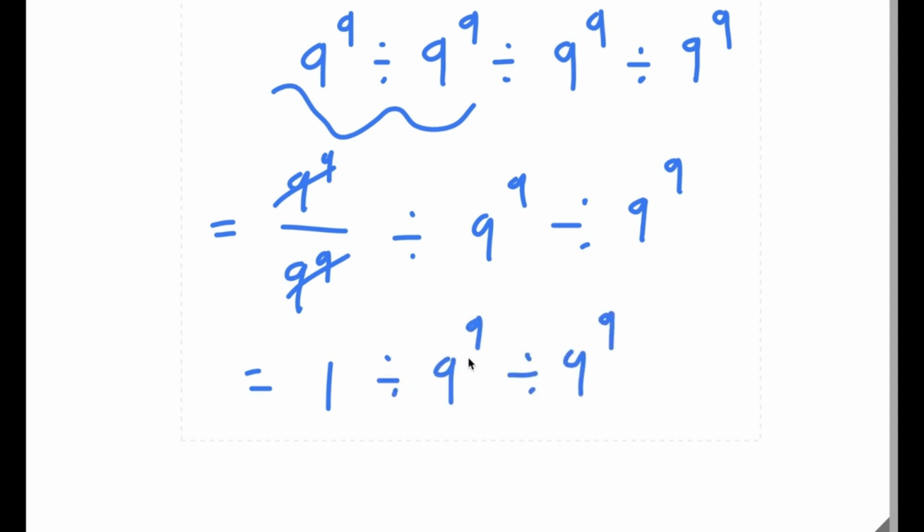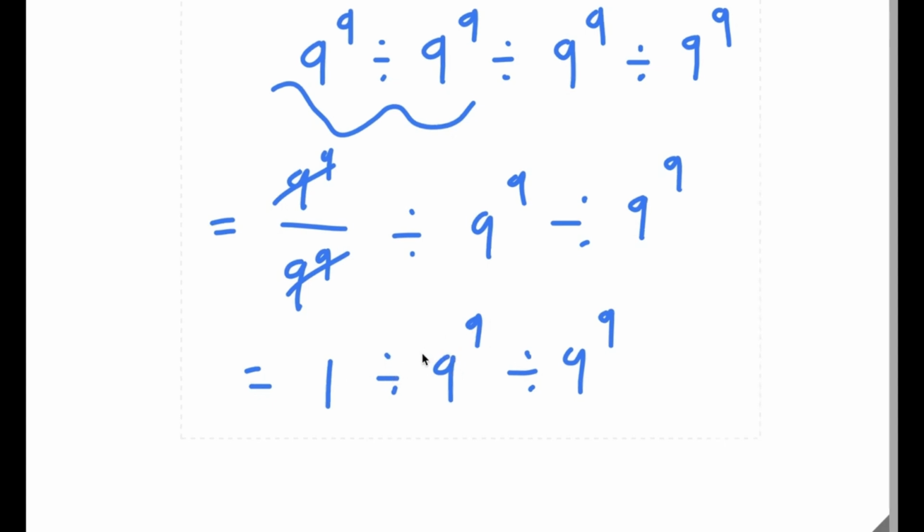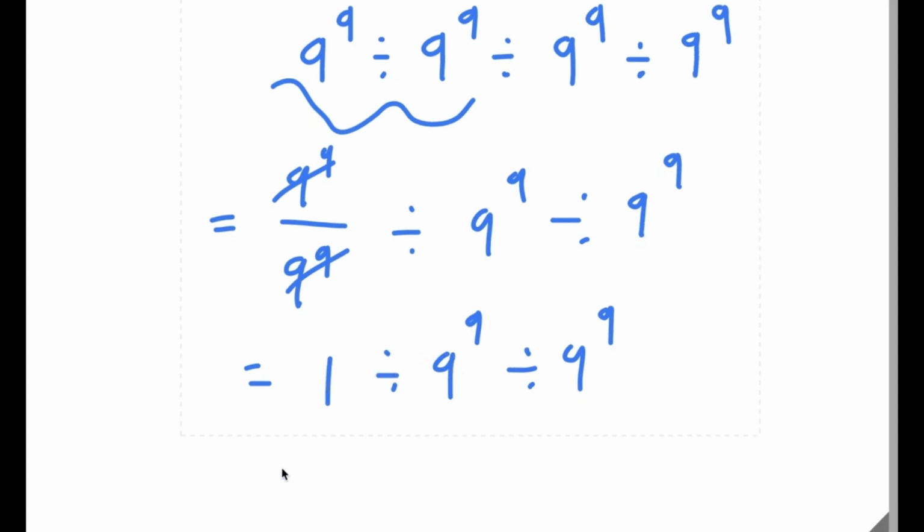Now again, you would have to go in order. So now we're going to do 1 divided by 9 to the power of 9. This is equal to 1 over 9 to the power of 9. Now I have this divided by 9 to the power of 9.